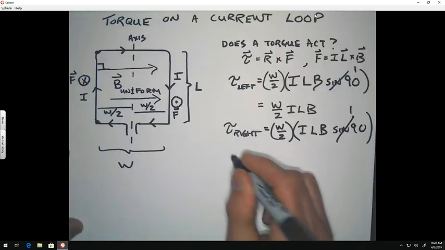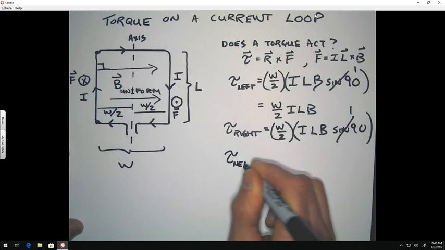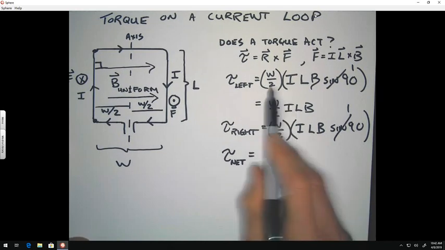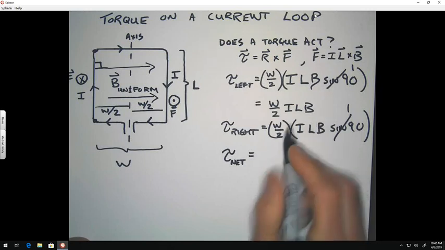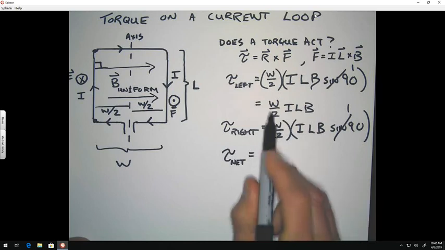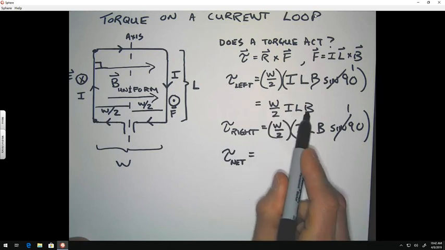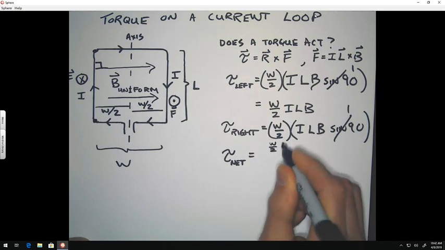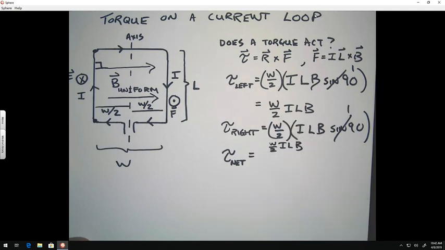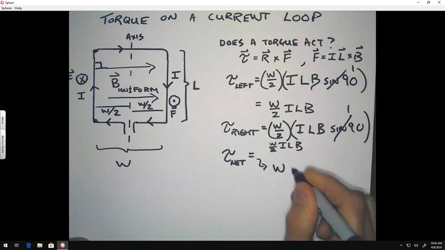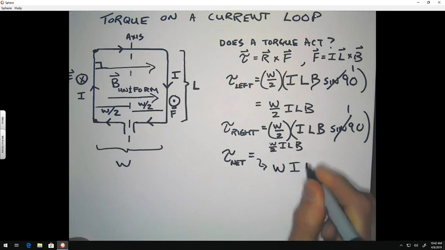So if you want to calculate the net torque, you would have to add together those two torques. And so if I were to add these terms together, I would have W over 2 times ILB from the left torque, but I'm also going to have W over 2 times ILB from the right torque. And so my net is going to be 1/2 plus 1/2, that's W times I times L times B.